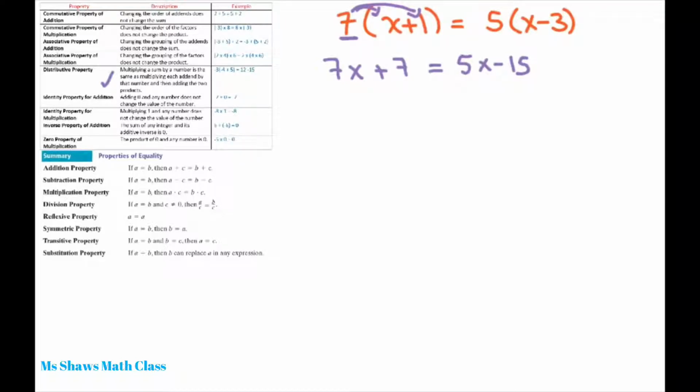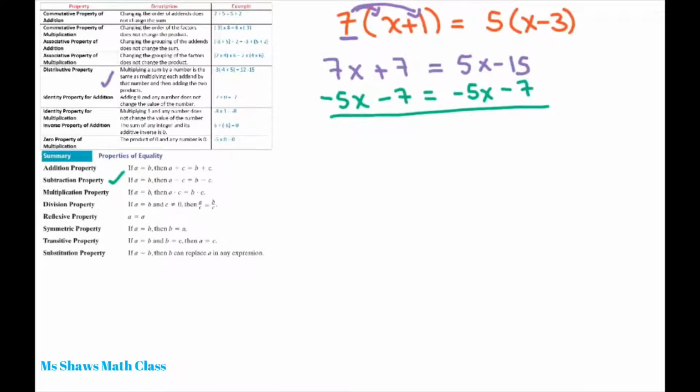After that, I'm going to isolate my x and solve by using my subtraction property. Subtract 5x from both sides. And I'm also going to subtract 7 from both sides. It's multi-step. All right.